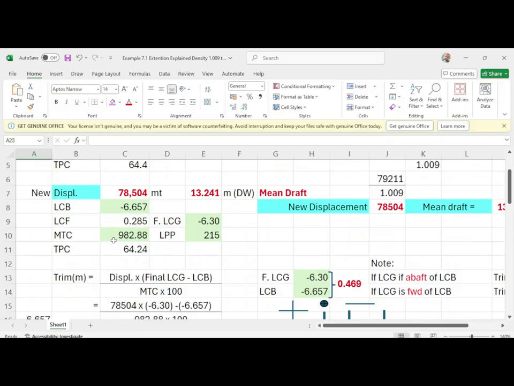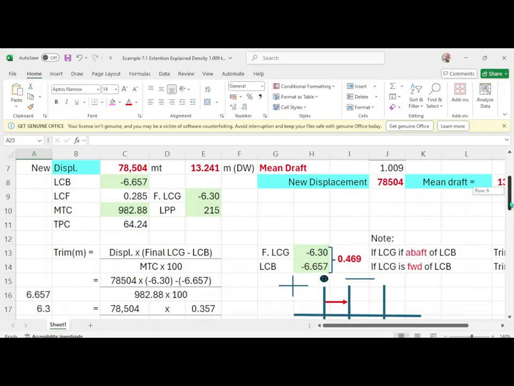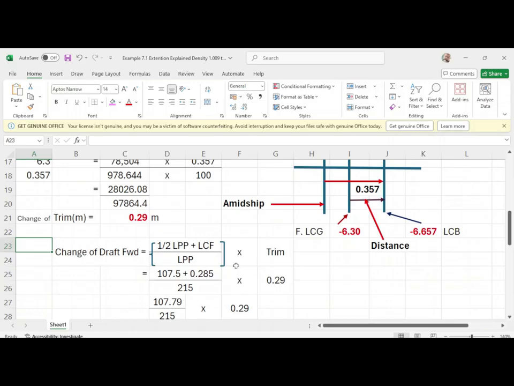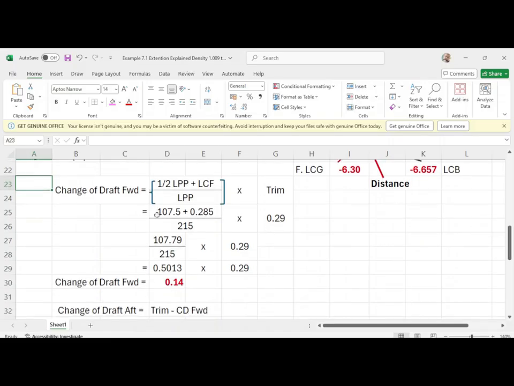LCF is 0.285. So you put here 0.285 times your LPP. LPP is 215 times your trim. So what is your trim, which is this one, 0.29. Okay. So you add this together, that will be 107.79 over 215 over 0.29.